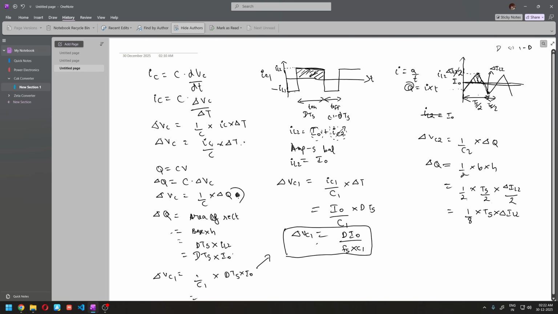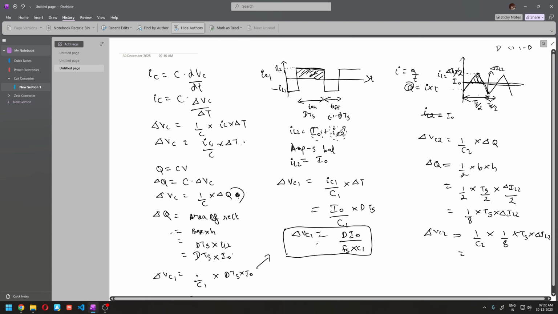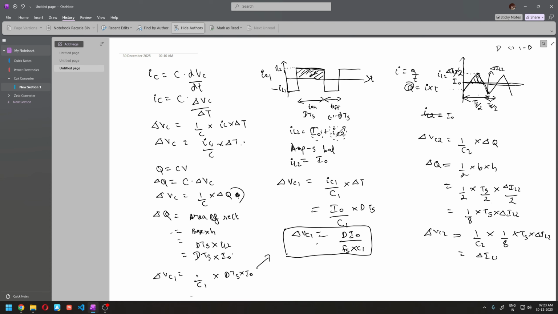So now we can go back and substitute it here. So delta Vc2 is basically 1 by C2 into, we have this, and same as before, let's bring this down. So 8 Fs, bringing this down into C2.